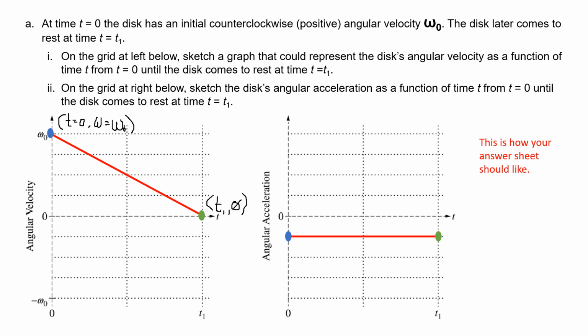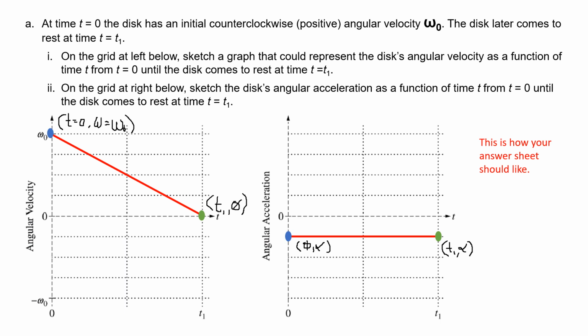Likewise, if we start with time equals 0, our alpha is alpha, and at t sub 1, our acceleration is still the same, and that is alpha as well. So these are the only information you need to have in your worksheet.